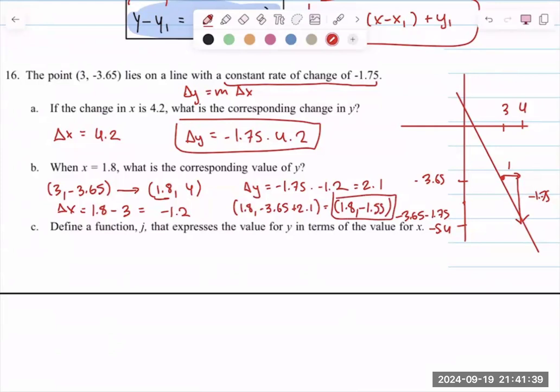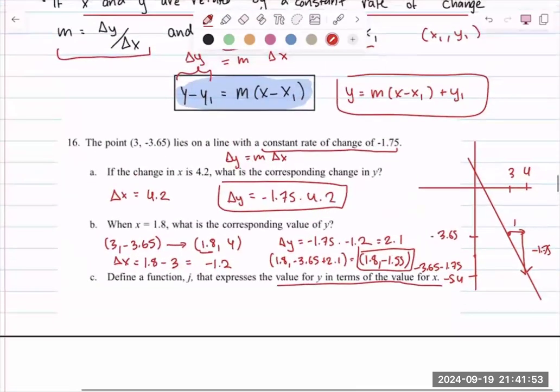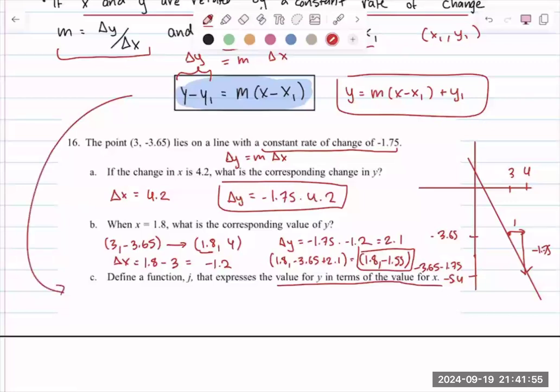And now we want to define a function j. We're going to use function notation here. We haven't reviewed that here, but I'll post another video from another professor who's going to help us with that. It expresses the value for y in terms of the value for x. So going back to the formula we had here, we can say that j of x equals y. We need a formula that turns x into those y values.